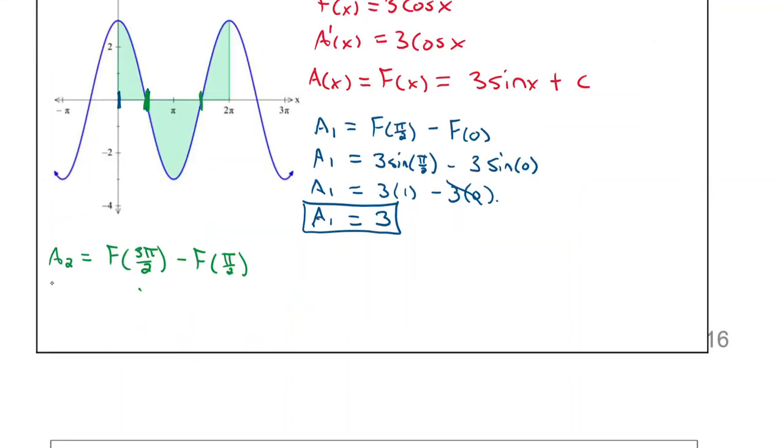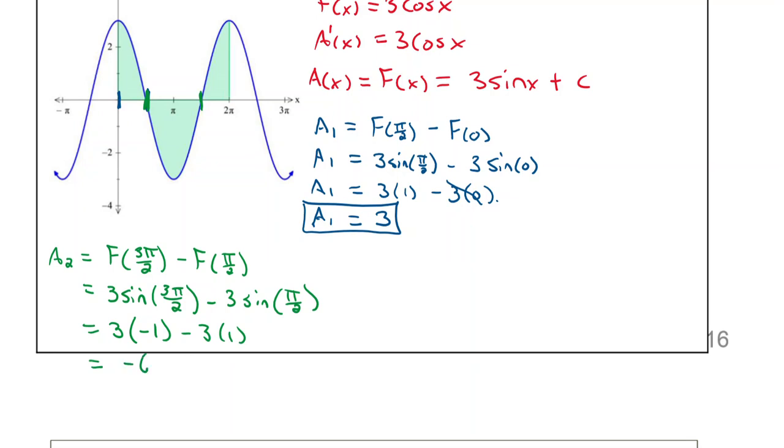All right, so this would be 3 times sine of 3 pi over 2 minus 3 times sine pi over 2. So this is 3 times negative 1, minus 3 times 1. So this comes out to negative 6.